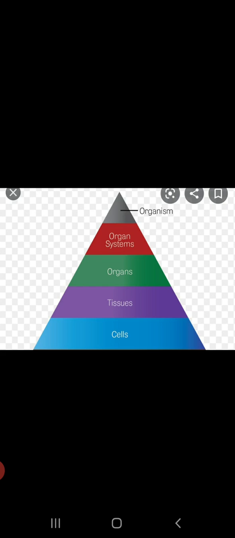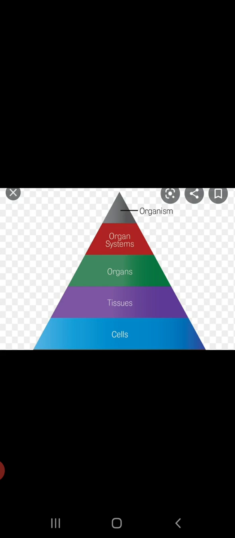Now cells that have common structure and function form a group called tissues. Tissues are nothing but a group of cells that have the same size, shape and functions. Here, children, the study of tissues is known as histology.